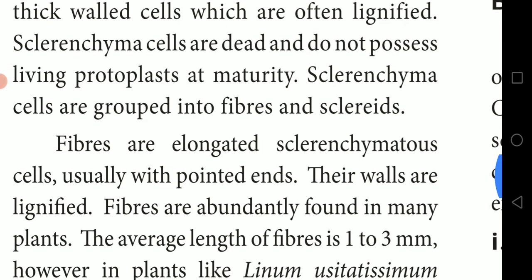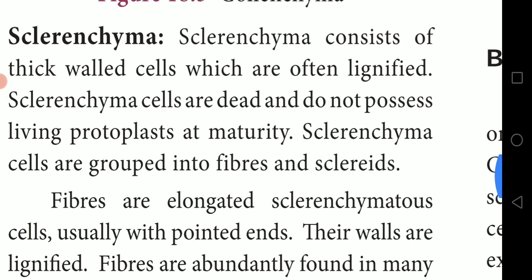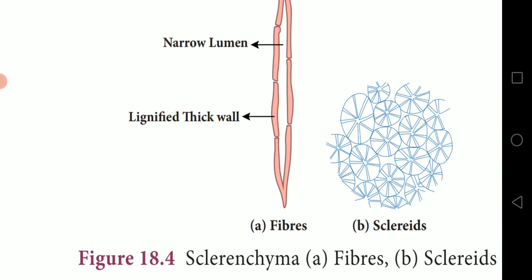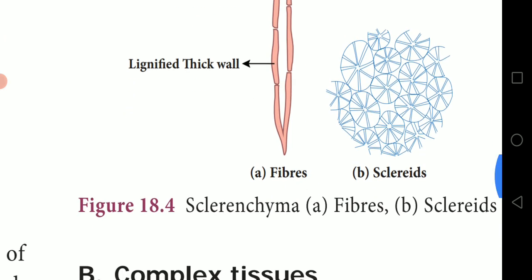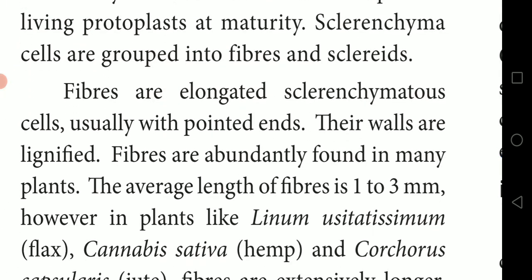The sclerenchyma cells are grouped into fibers and sclerites. I'll show you this picture. This is the structure of fibers and sclerites of sclerenchyma. We'll see the explanations now. What is the structure of fibers?